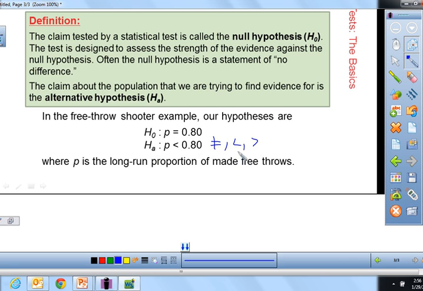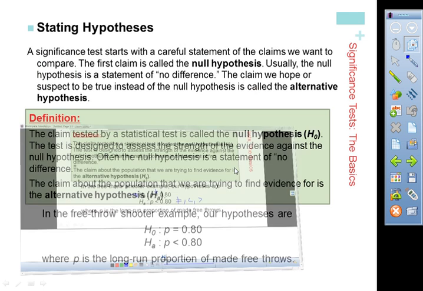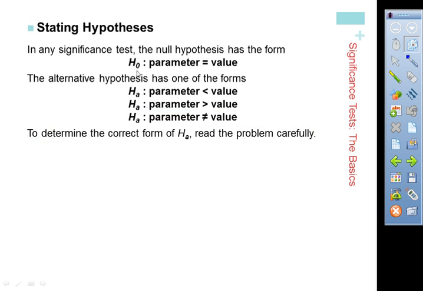Those are your options for your alternative. Your H naught will always be equal to, okay, where p is the long run proportion of free throws made. So the parameter equals a value, and the alternative forms are this. It's either going to be less than it, greater than it, or not equal to it.